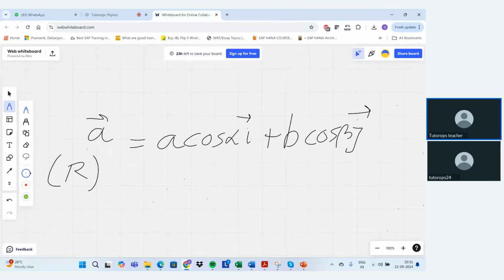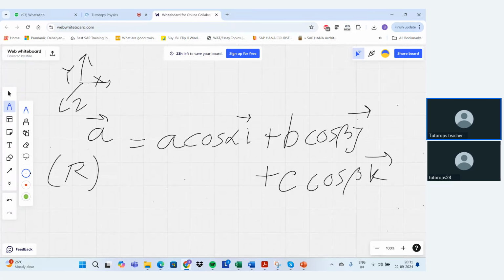But if it is for x, y and z axes, because axes can change and there are a lot of dimensions, then this will be plus C cos gamma, with i, j, k; you can consider k as the unit vector.